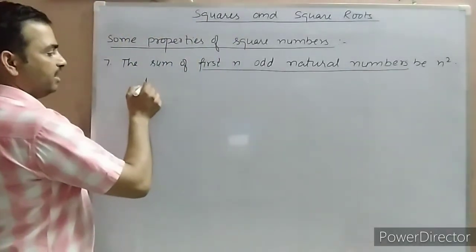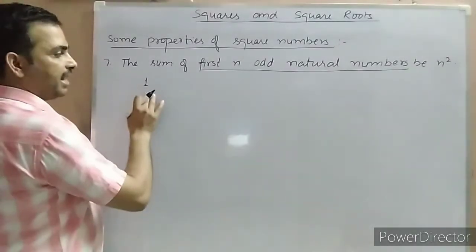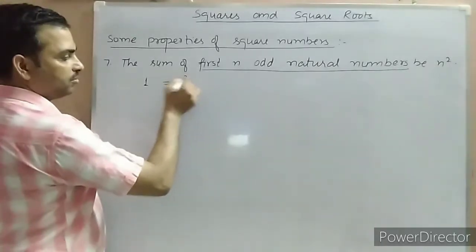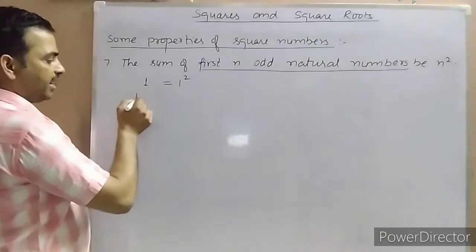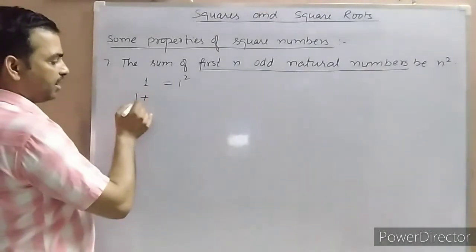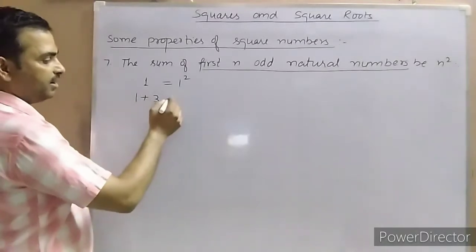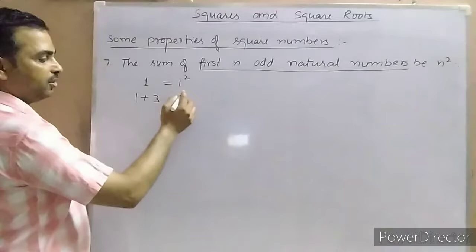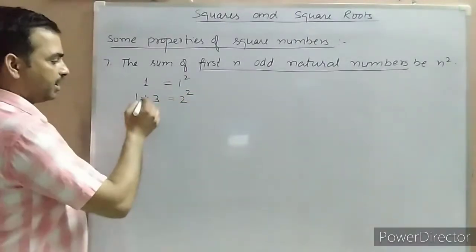If I take only 1, the first odd natural number, then the sum is 1, which we can write as 1 square. Now I take the first 2 odd natural numbers, that is 1 and 3. The sum of these two is 2 square.